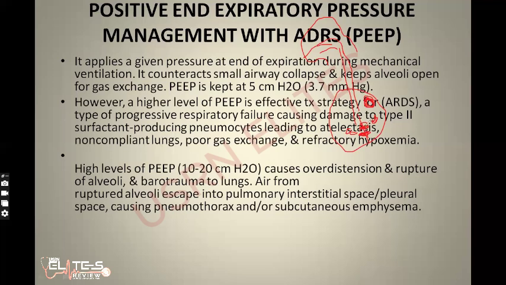So when you are expiring, the pressure keeps your alveoli open a bit so that the carbon dioxide coming from the blood can diffuse. The gaseous exchange can happen because it's only when the alveoli is open that it can happen. So that the alveoli will pick up the CO2 and give it up to the upper airway.